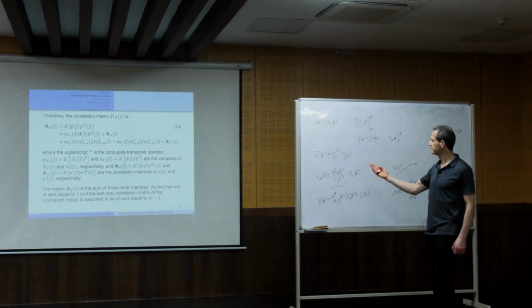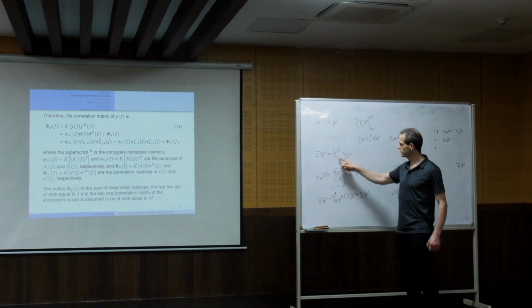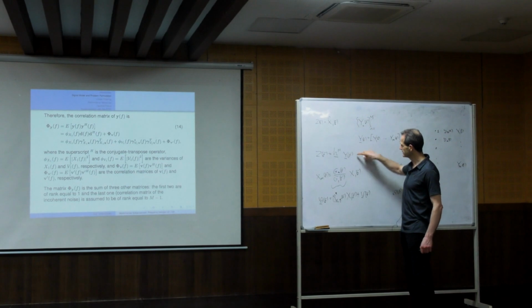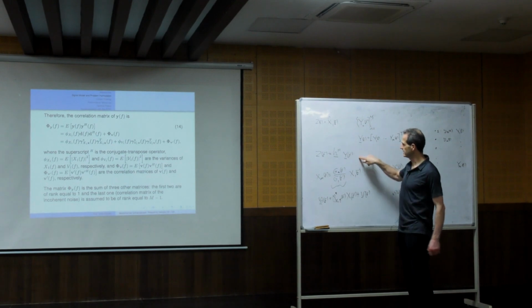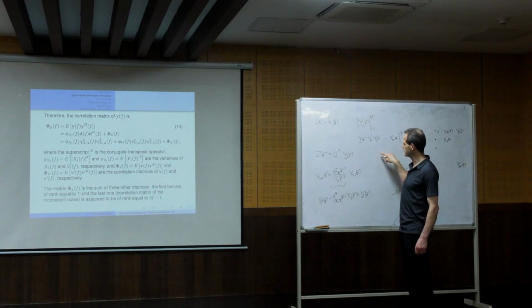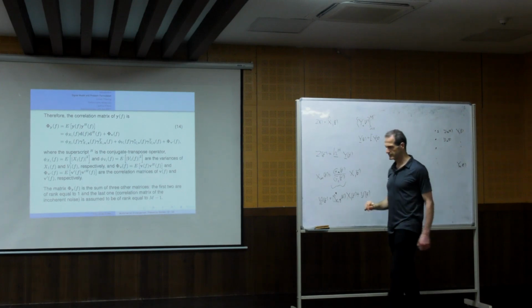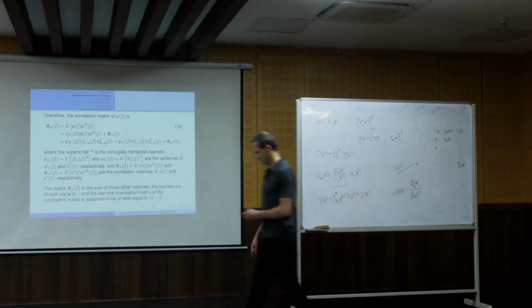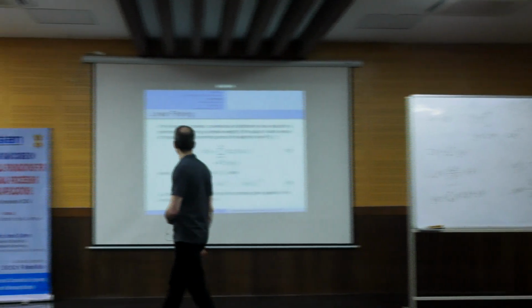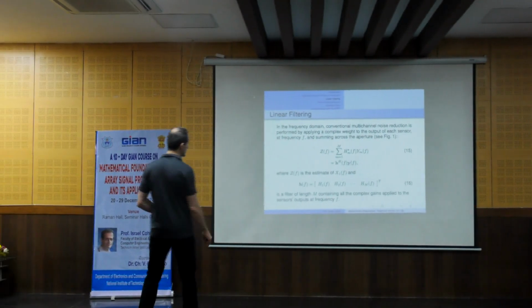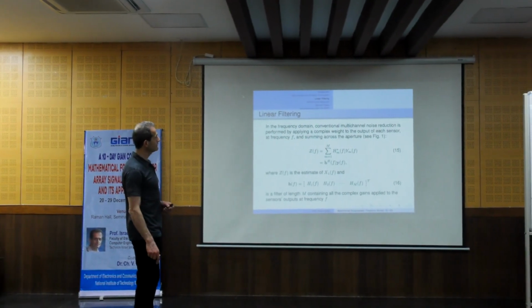How do we obtain it? If we obtain it using a filter, we need to write it as the sum of the desired signal plus noise. And then we can check what is the variance, so we will get the output SNR. So linear filtering is just like I wrote over there.